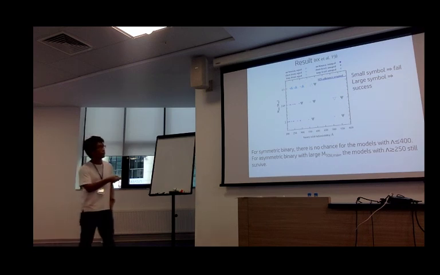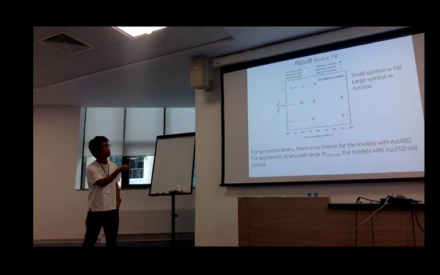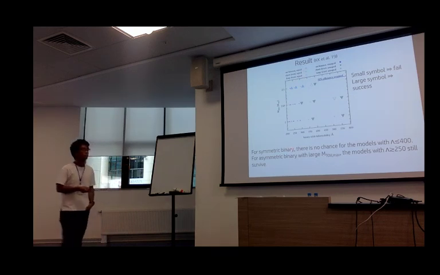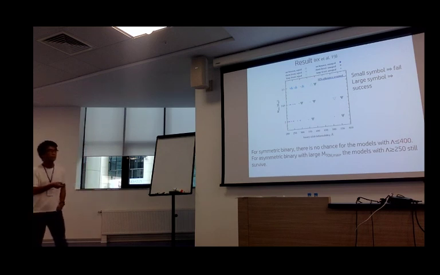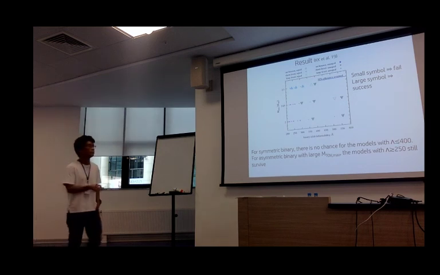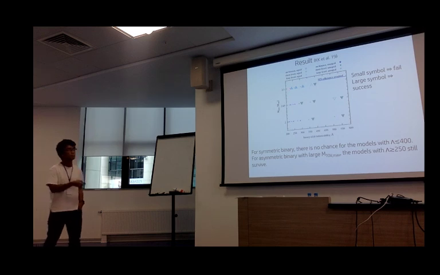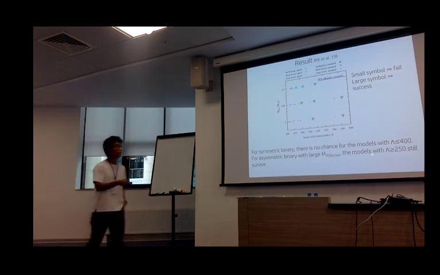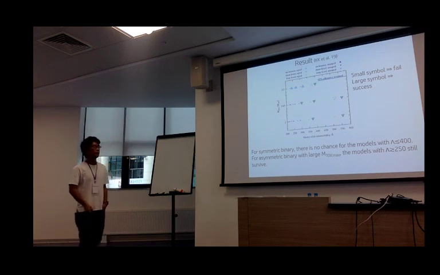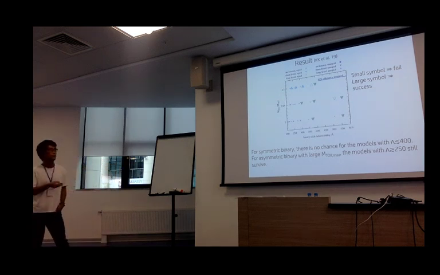For symmetric binaries, the open symbols, there is no chance for a model with a tidal deformability smaller than 400. This is consistent with Radice's result. However, for asymmetric binaries, in particular with a large maximum mass TOV star, the model with tidal deformability 250 still survives.